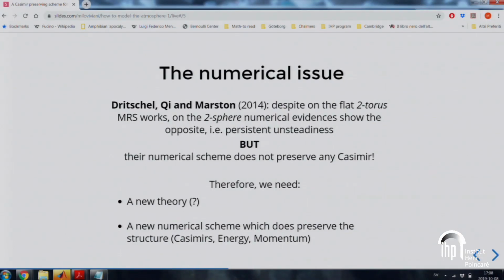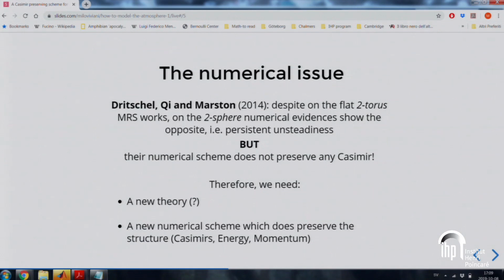However, in 2014, a very long and detailed numerical simulation of Dritschel and Marston sort of disproved the finding of MRS theory and Herbert, because they saw that, yes, we get 4 large blobs, but they are not in a steady state. They are totally unsteady, and they move according to the point vortex dynamics, as if you had 4 delta poles that move around the sphere.